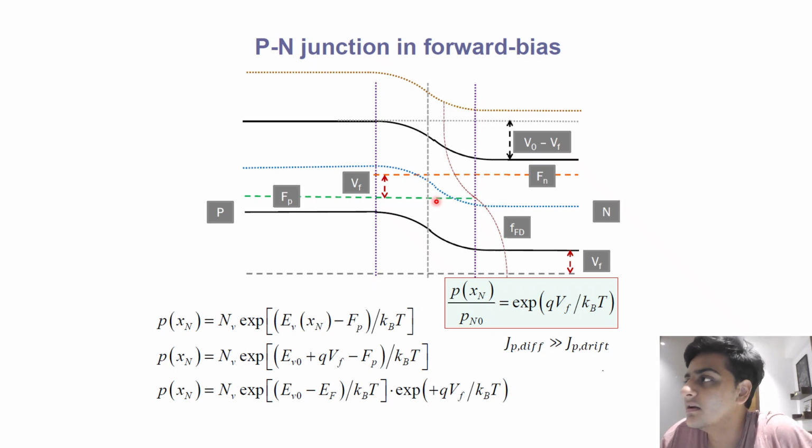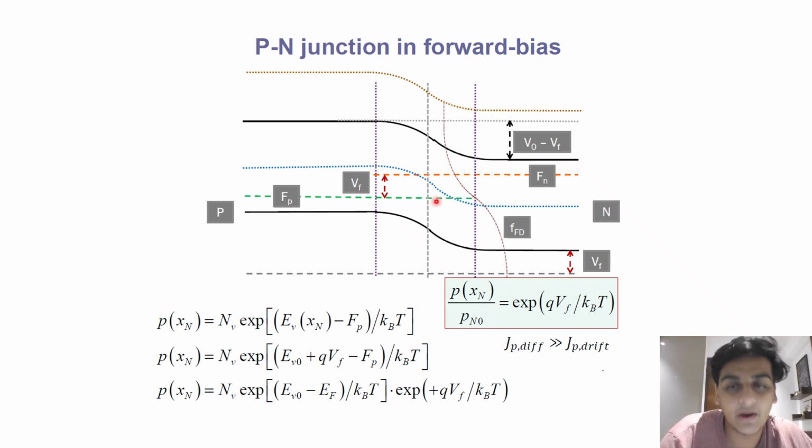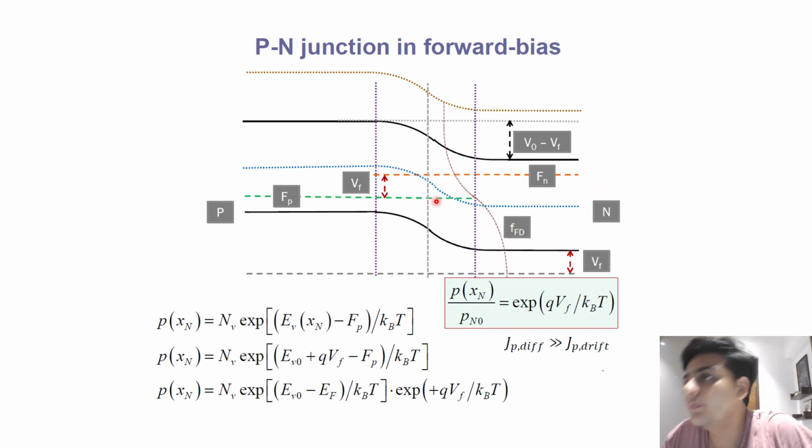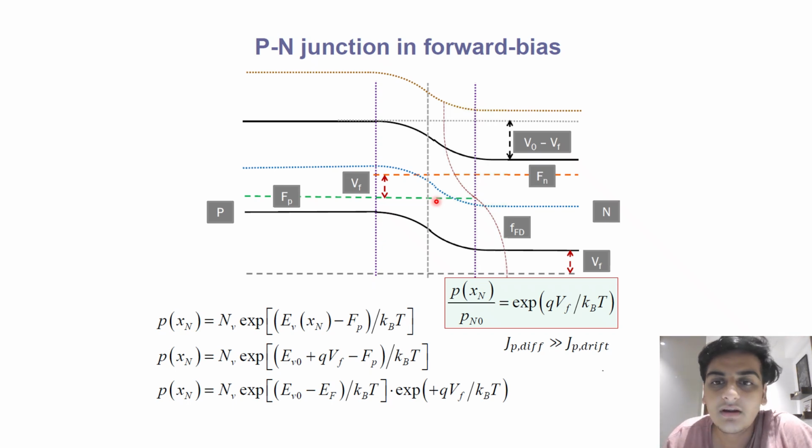And the way we solve this, I will first tell you what we do, and then I will justify why we do it. What we do to solve this issue is we split the Fermi level into an electron Fermi level and a hole Fermi level as two separate entities, and we call both these Fermi levels quasi Fermi levels.